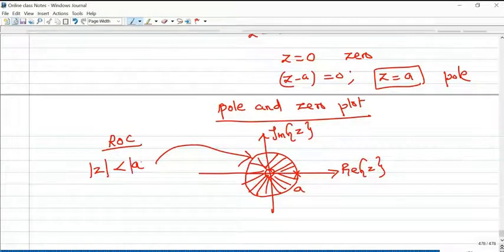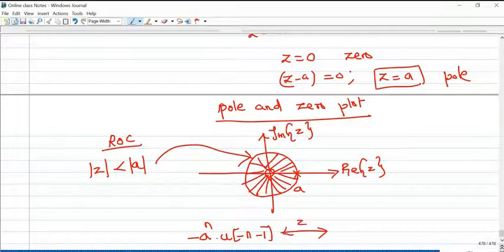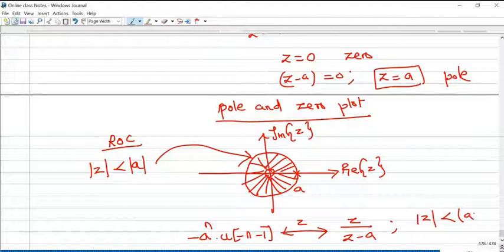So you can write modulus Z less than modulus A. Okay. So these two are very fundamental formulas. Minus A power n U of minus n minus 1, Z transform result is Z divided by Z minus A. ROC modulus Z less than A.